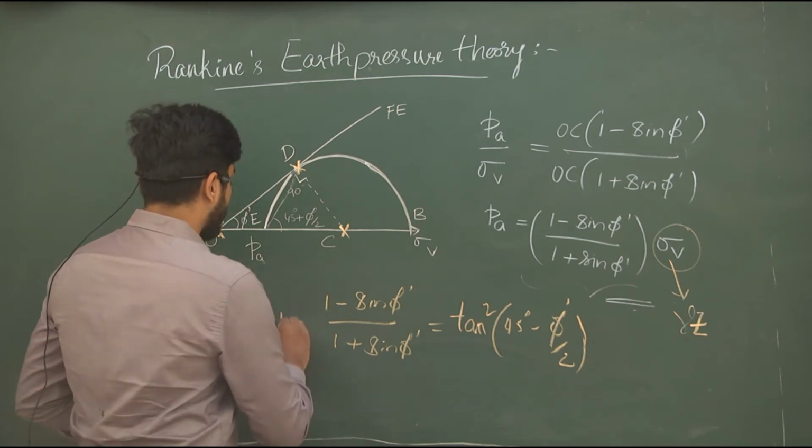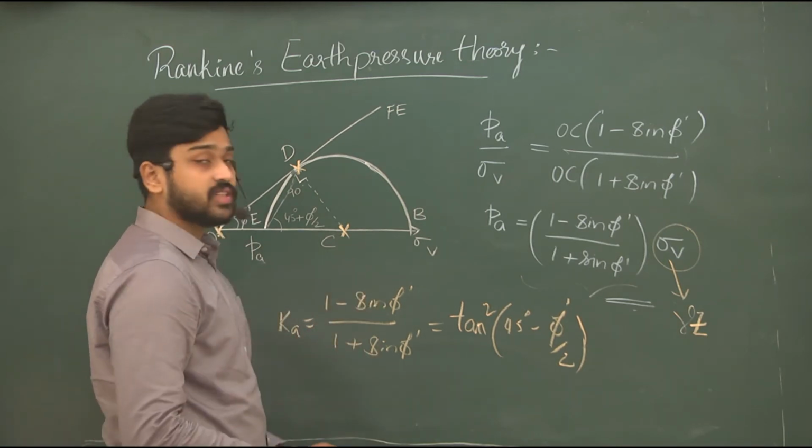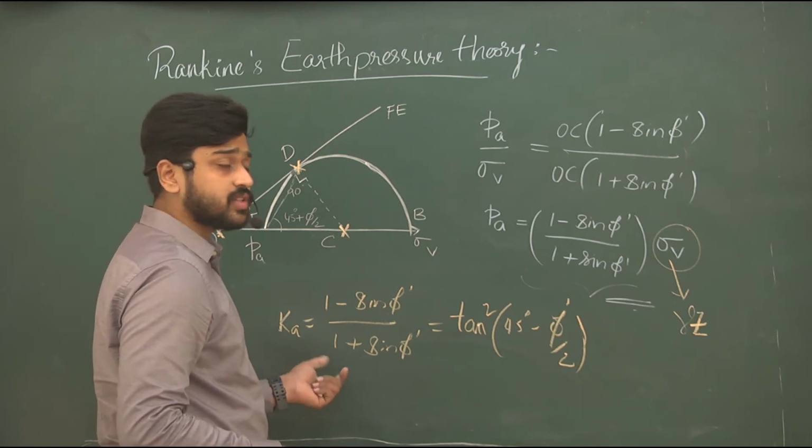So this is my Ka, the lateral active earth pressure constant.